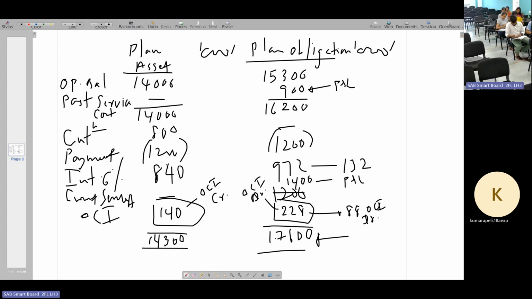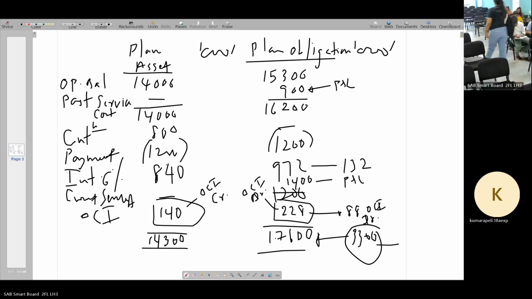This one and this one. 3,300. This should be shown in the statement of financial position. Net defined benefit obligation. Right?